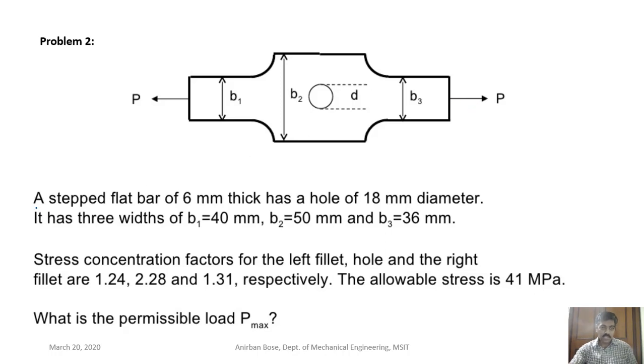So the question is, a straight flat bar 6 mm thick. Again, the thickness of the bar is given, T is 6 mm. Hole 18 mm diameter, so D is given 18 mm.